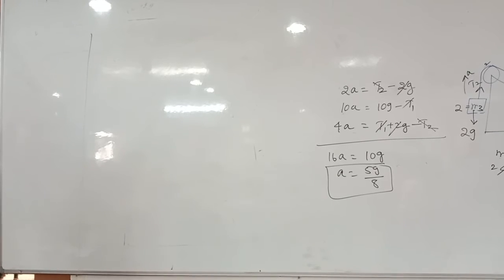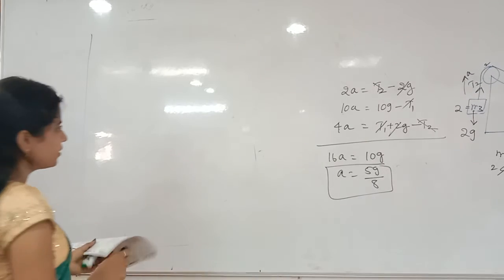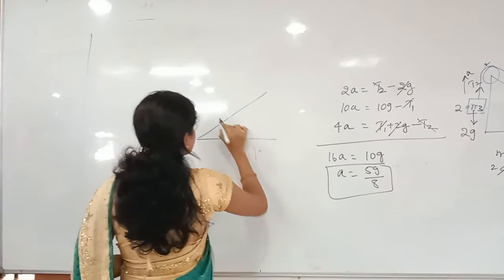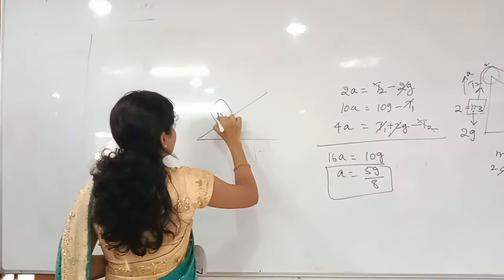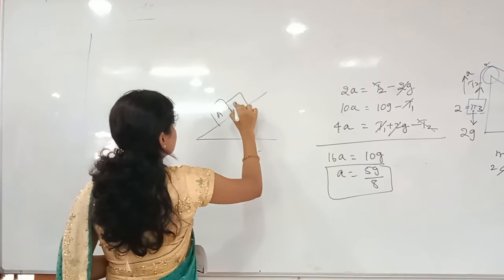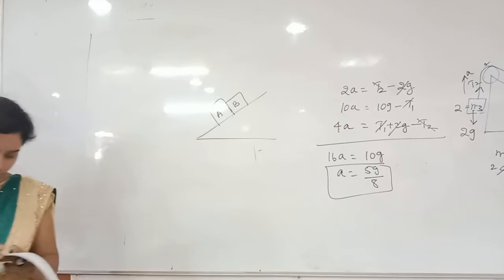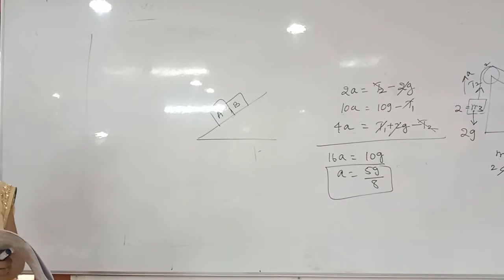The blocks A and B are of masses 3 kg and 5 kg.